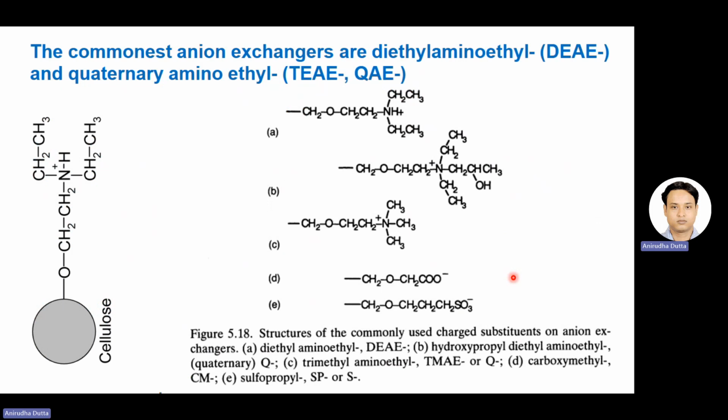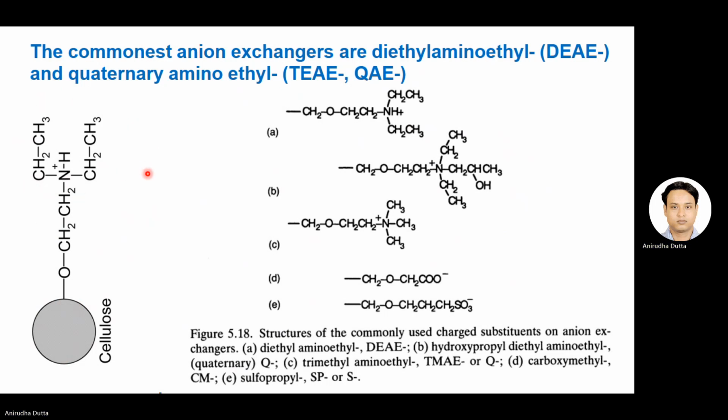So what are the common ion exchange matrices that we use? Like other matrices, the ion exchange matrix also has an inert bead made up of cellulose, saccharose or Sepacryl, that kind of inert carbohydrate polymer. Then there is a spacer arm, and then the final cation exchange or anion exchange ligand.